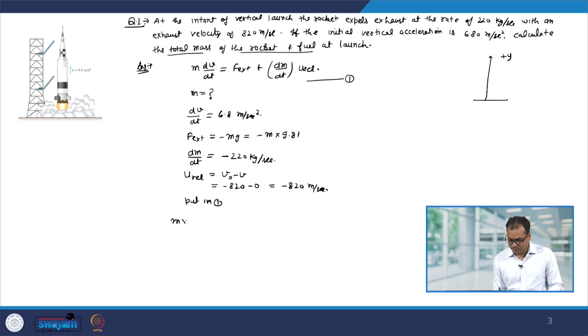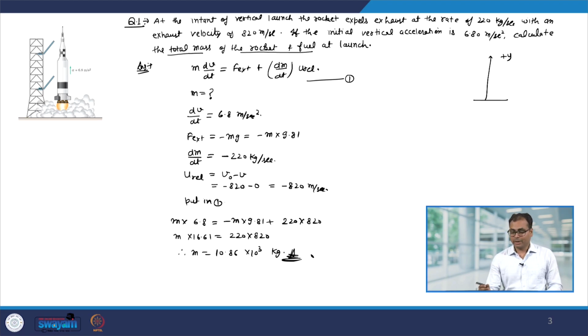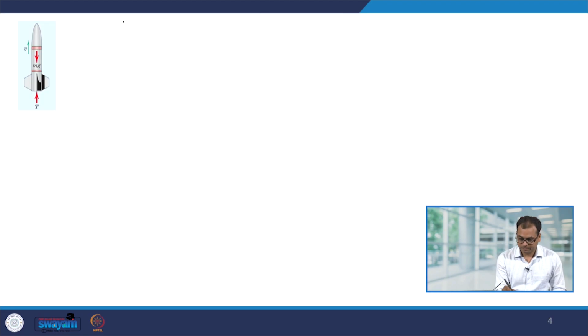We have m into 6.8 equal to minus m into 9.81 plus 220 into 820. So that gives m into 16.61 equal to 220 into 820, and that gives m equal to 10.86 into 10 to the power 3 kg.